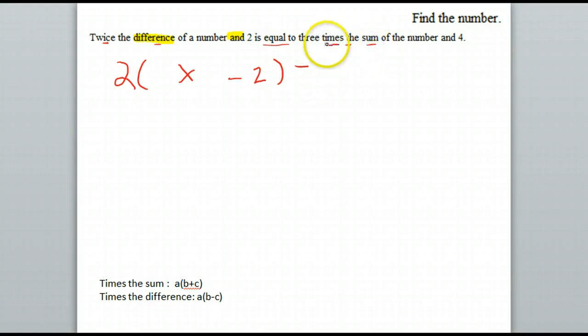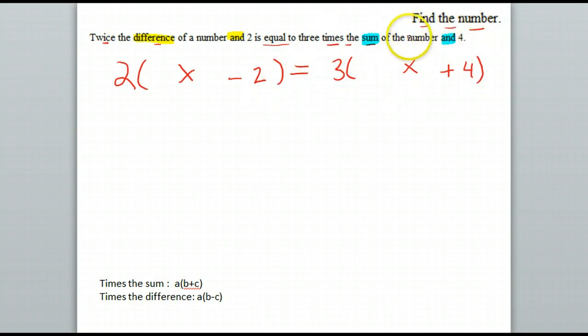So there's another instance where we're going to need a parentheses. Because if we're multiplying the sum, we add it first. So 3 times the sum of, again, there's sum, we look for the word and. So there's where our plus sign is going to be. The number and 4. Alright, now this particular one tells us to find the number.